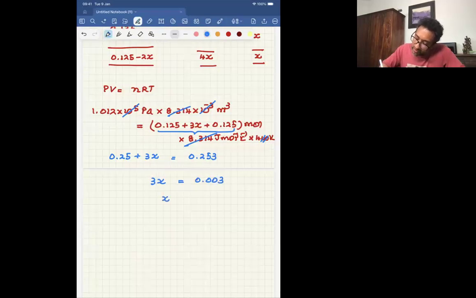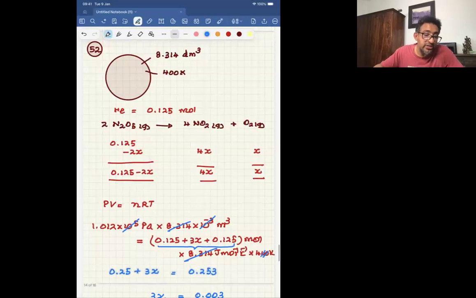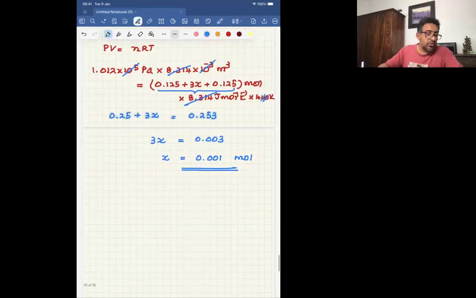X is equal to 0.001. That is the amount reacted. What do they ask? They ask you to calculate the amount reacted. We have taken the amount reacted as 2x. So in experiment A, the amount reacted would be 0.002 moles.